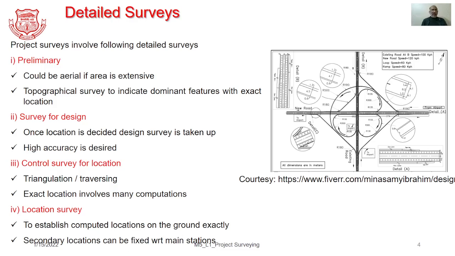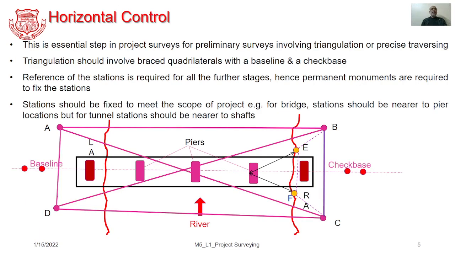The exact meaning associated with these things will be clearer as we discuss some selected infrastructure projects. So what do we mean by horizontal control? It is an essential step in project surveys for preliminary surveys involving triangulation or precise traversing.